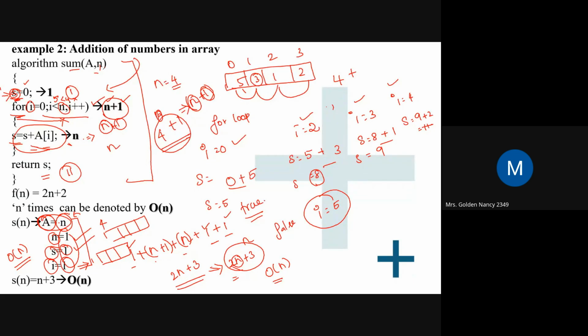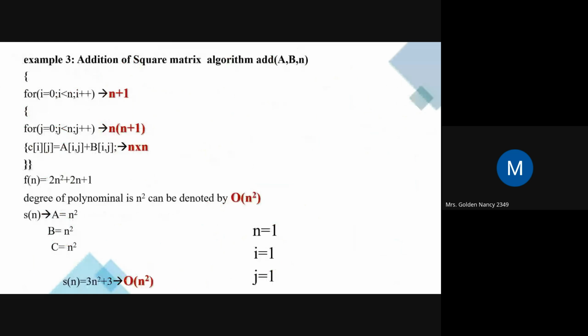So based on the input, that is based on n, only the array changes. The array happens for n times and 3 for the other 3 variable initializations, so totally you have n plus 3. So we can make this big O of n time. I hope you are getting what I'm teaching. We'll see only this and wind up the session.